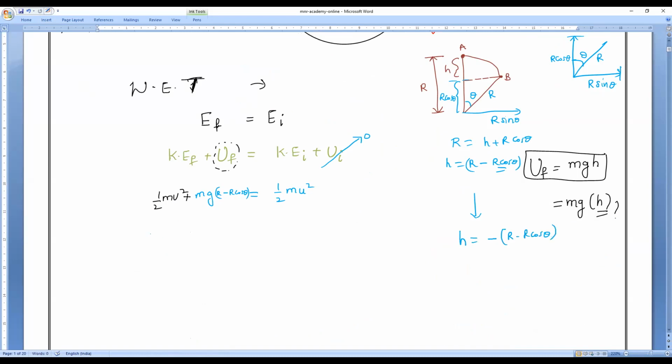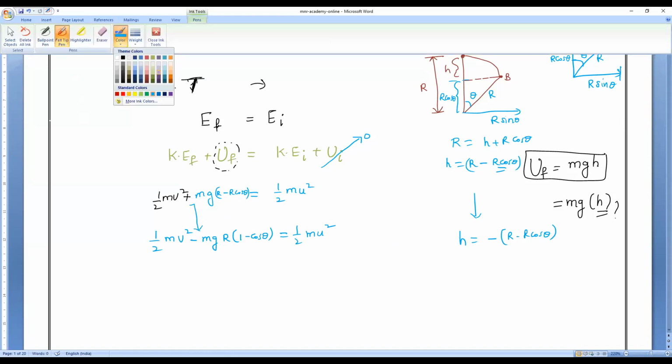So I will replace this one: half m v square minus mg, and I take R common, R times (1 minus cos theta), equals half m u square. Are you clear, everybody? Yes, sir. Why is it minus here? This plus becomes minus because it is coming down, and coming down means below the baseline.